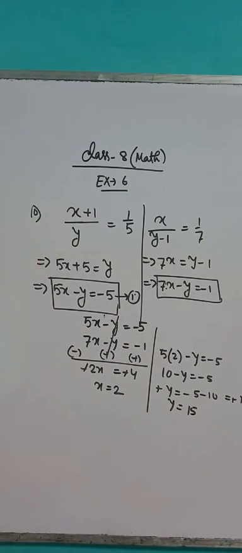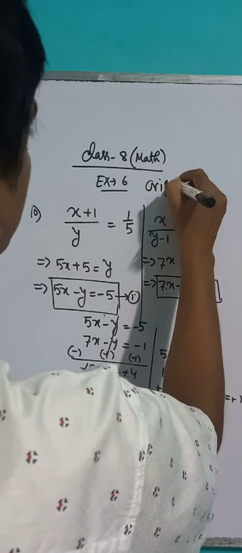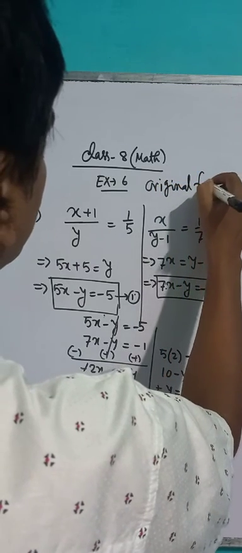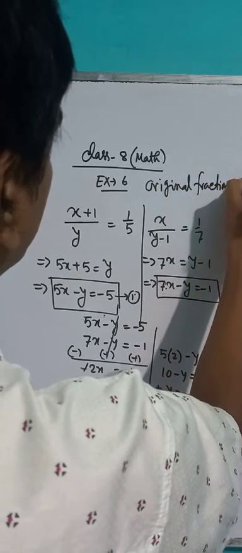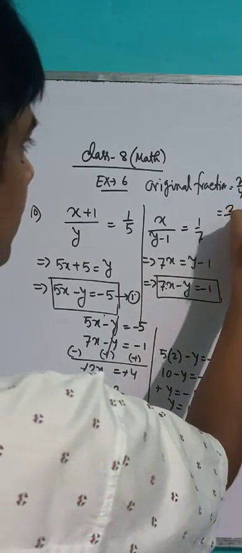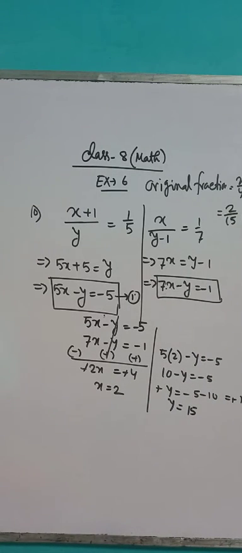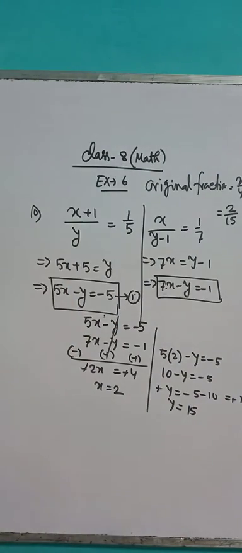So the original fraction will be x by y, where x value is 2 and y value is 15. So this will be your answer. Clear? Okay.